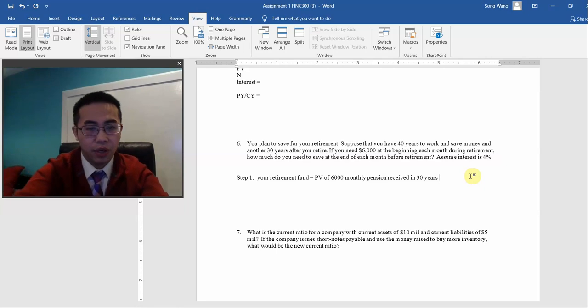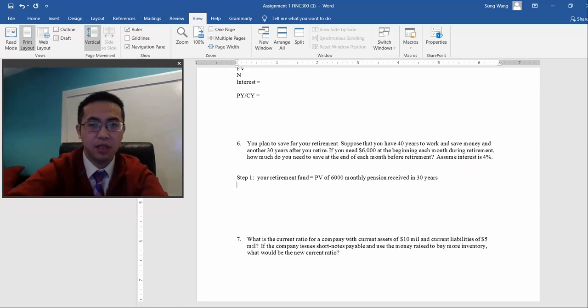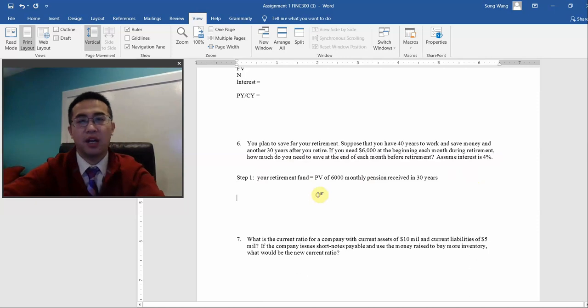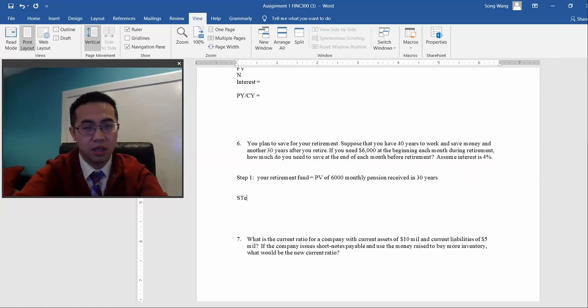So your interest rate is 4%, and then you get how much money you have saved before you retire. It should be in the scale of millions of dollars. And step 2 is to use the retirement fund you just solved from step 1.